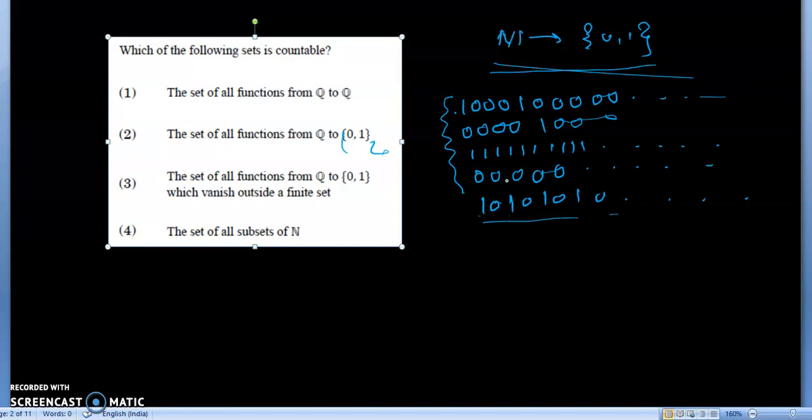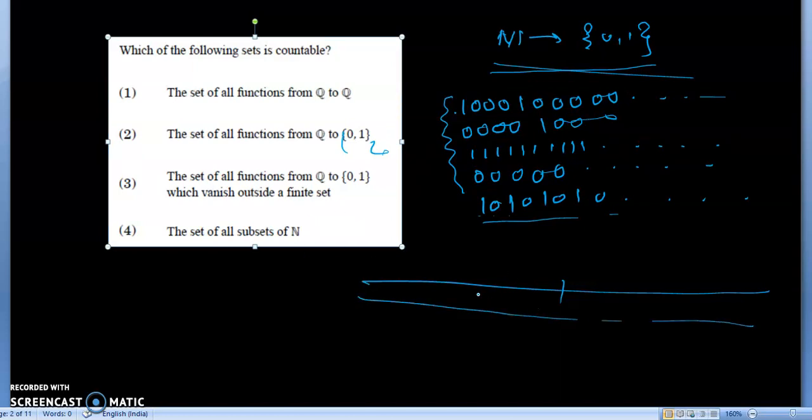So by all the functions you can overlap the real line, because we know every real number has a binary representation, and every binary representation is basically a function. That is how all functions fill the real line.